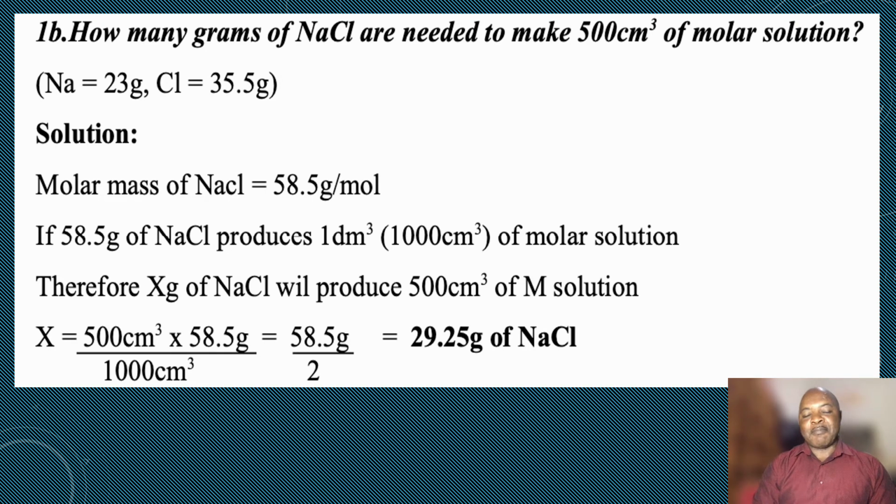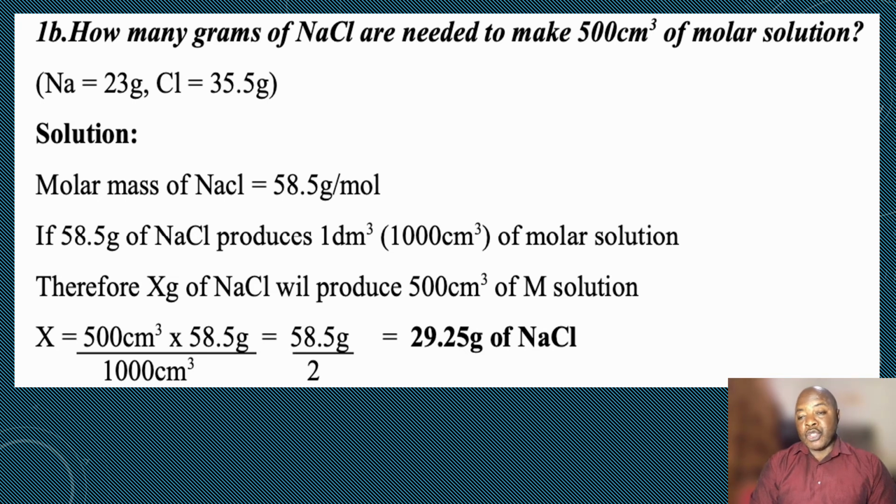Very simple. That's the only thing you can do here. If 58.5 gram, which is the molar mass, that is 1 mole of sodium chloride, is dissolved in 1000 cm cube or 1 dm cube, that is a standard solution of it.